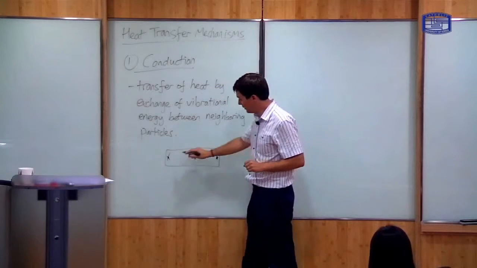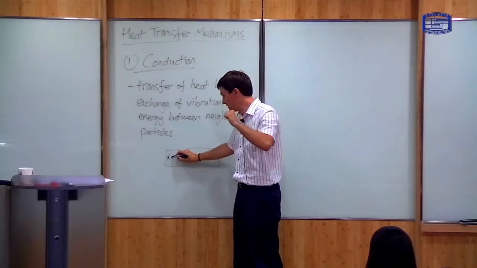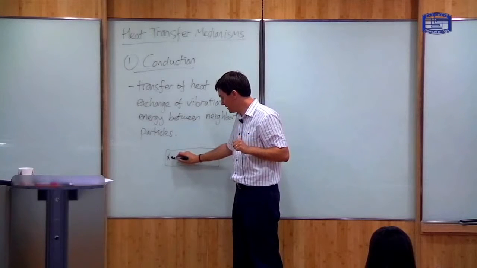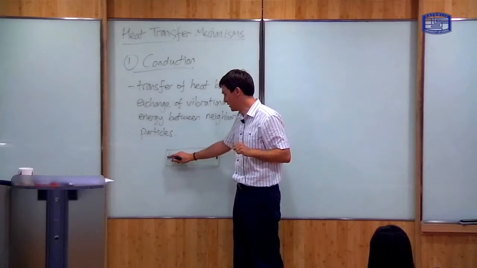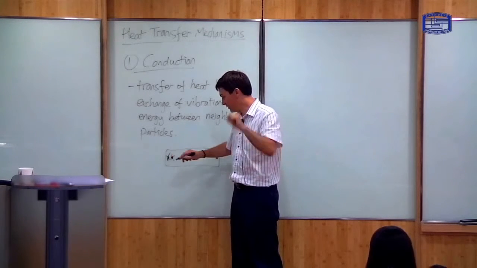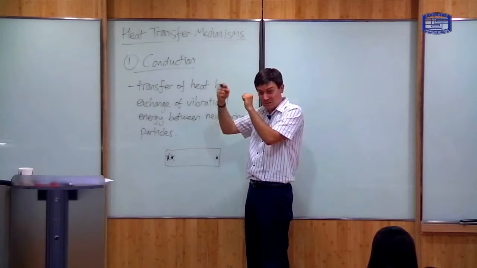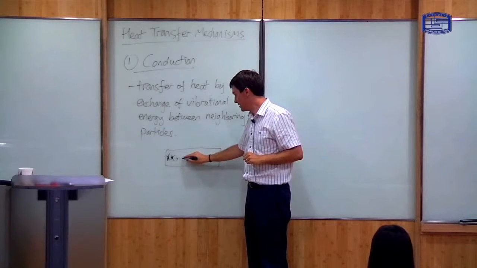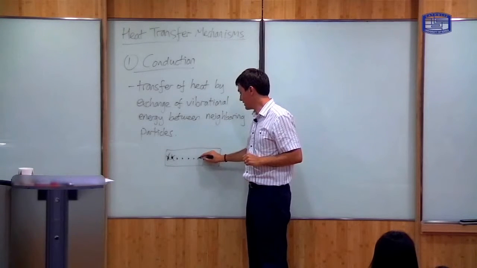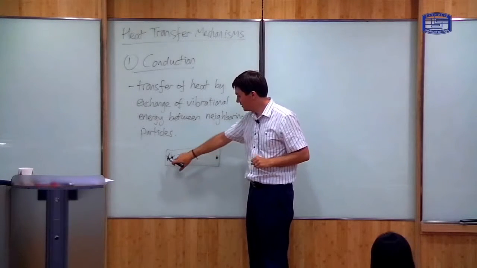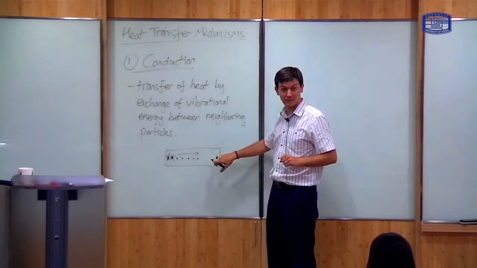Okay? Now, as a particle here vibrates, it will excite the particle next to it. So this particle has a high energy, so it vibrates a lot, and therefore the particle next to it starts to vibrate. And through these interactions, this vibrational energy is transferred from one end to the other.